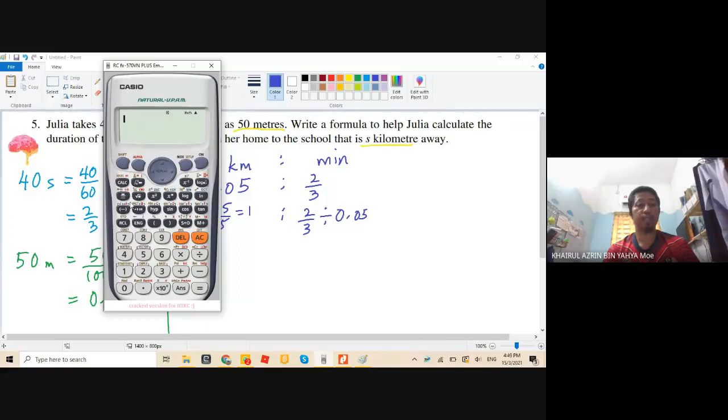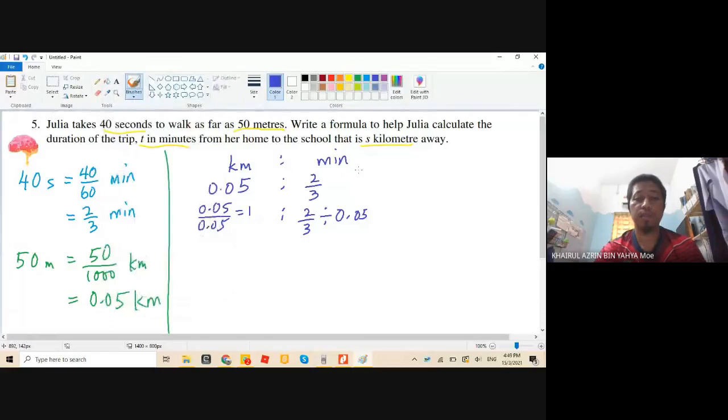So 2/3 fraction, 2 and 3, divided by 0.05. We get 40/3. So for 1 kilometer, this is 40/3 minutes. However, the question asks us for S kilometer.